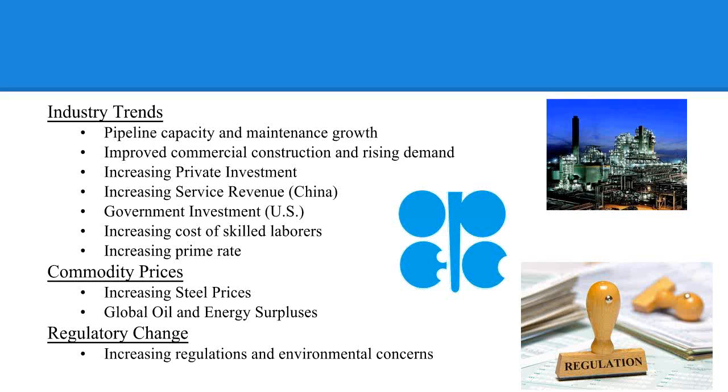Next, looking at commodity prices, increasing steel prices are going to greatly affect our business. They're projected to increase into 2019, and steel is a major input to our oil and pipeline segment, which obviously uses steel in many of the construction aspects. But as well, we looked at global oil and energy surpluses.